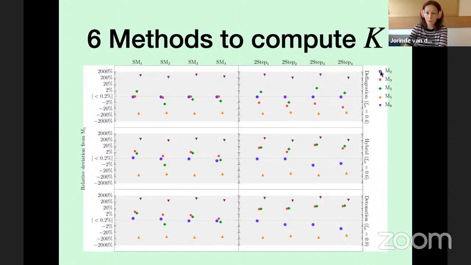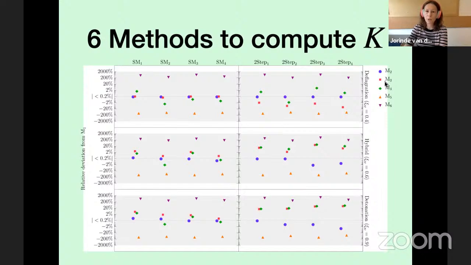So first of all, method 2, which is our proposed method, can be seen to lie very close to the full solution. Only in the case of detonations and hybrids and, well, relatively strong phase transitions, we see some deviations, but typically they're sub-percent level, and here they're a few percent.